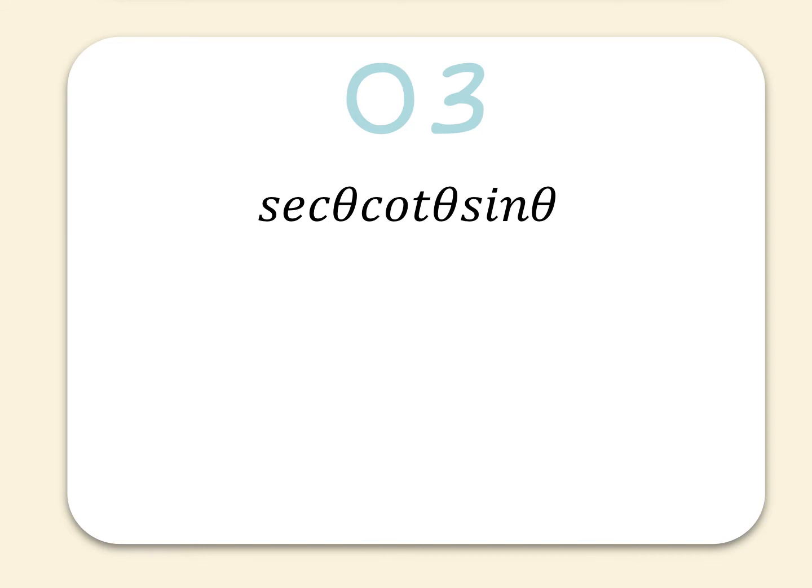So I'm actually gonna, notice none of these are squares. So what I need to do here is probably use my quotient identity and a reciprocal identity. So for here, I'm going to change secant into its reciprocal, which is 1 over cosine.